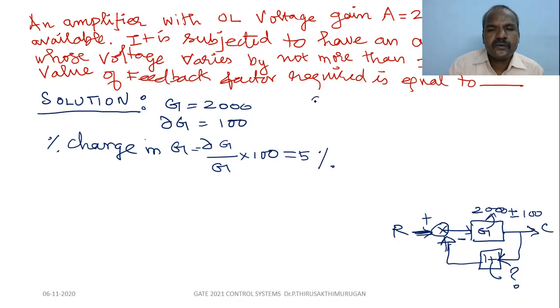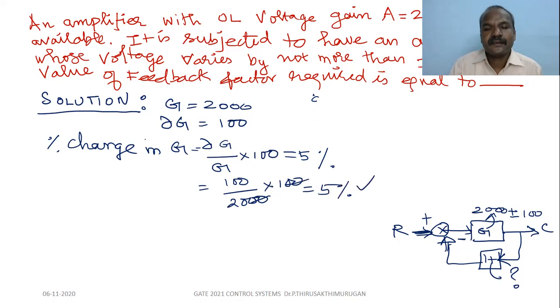So 100 by 2000 into 100. So 20 cancel. So 20 by 100 is 5%, exactly, right?